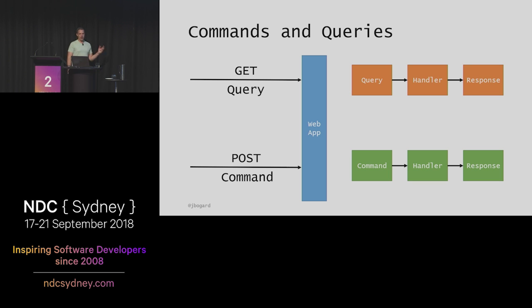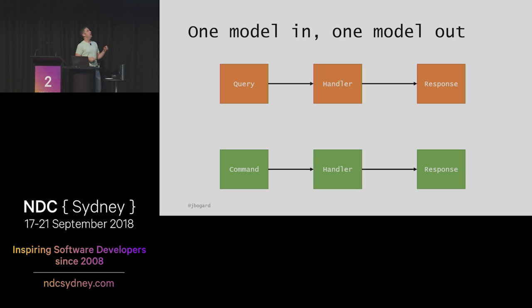Now, one of the big things I wanted to make sure of when I did this was to encapsulate everything necessary to perform that action, that is, the handlers themselves. I wanted everything it needed to do its work to be represented inside of those query and command objects. So I had this very simplified view of the world. And I like simple. I used to like complex things, but I like to keep things very simple now.